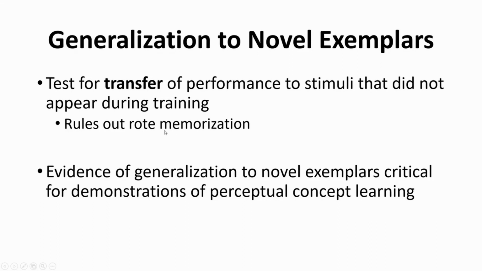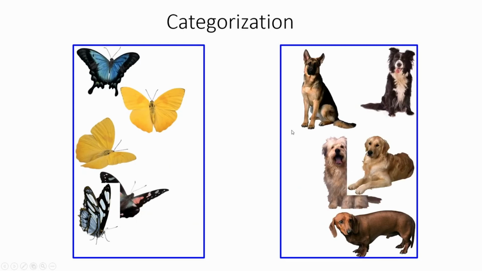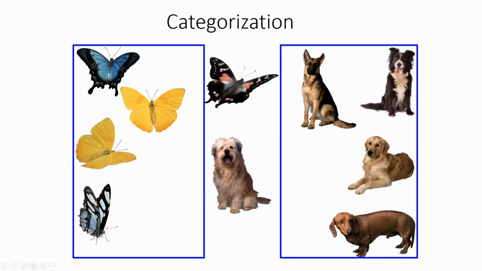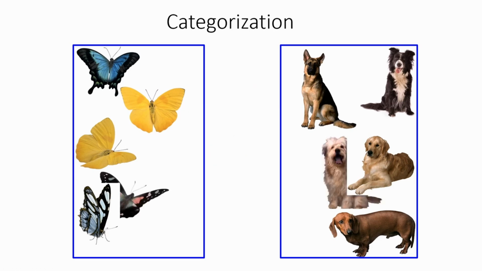Then in addition to that, we could test for generalization to novel exemplars, which is kind of like what happened here, where we were introduced to new stimuli, a new butterfly and a new dog. And you have to decide, is it something that gets you food and you should push the button or go to the feeder or pull the lever? Or is it a new dog and you shouldn't do any of that?